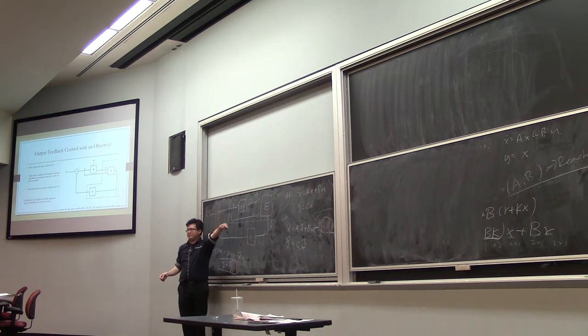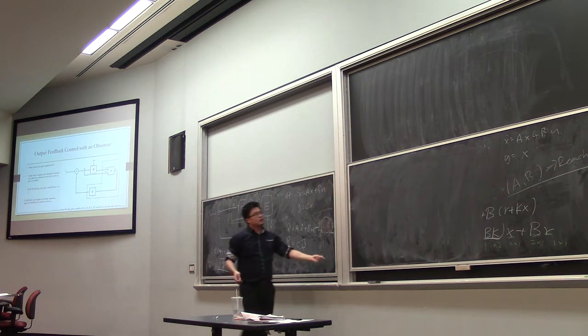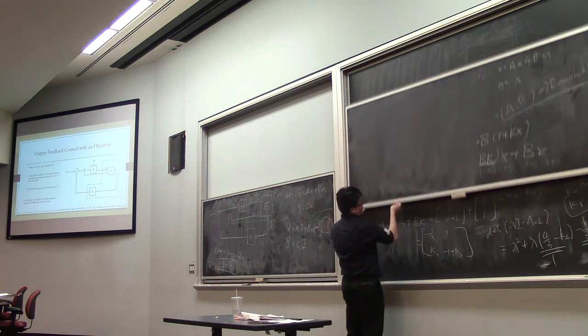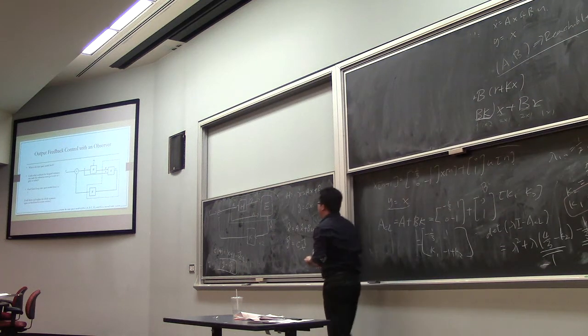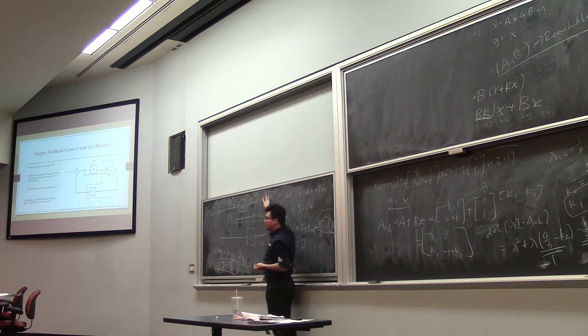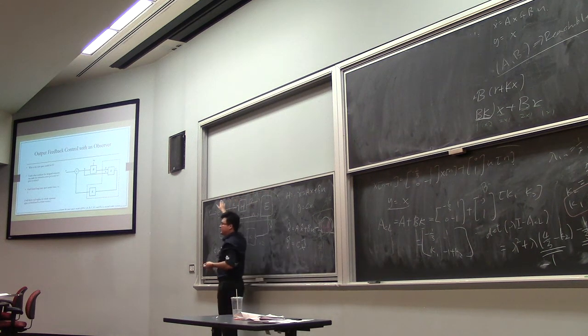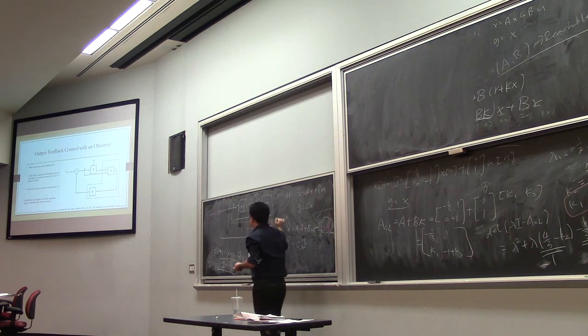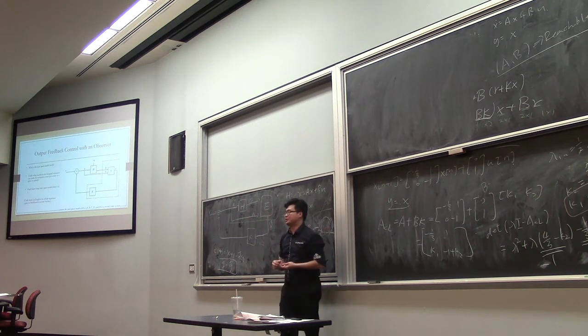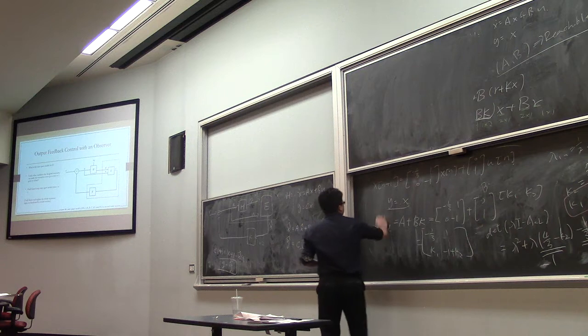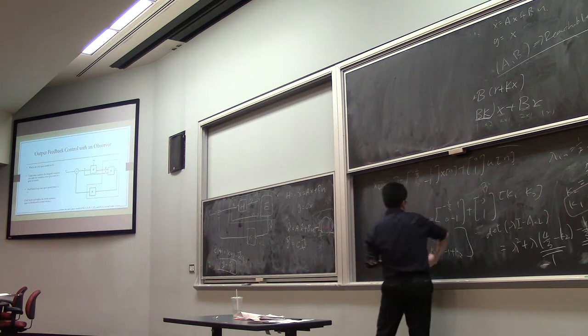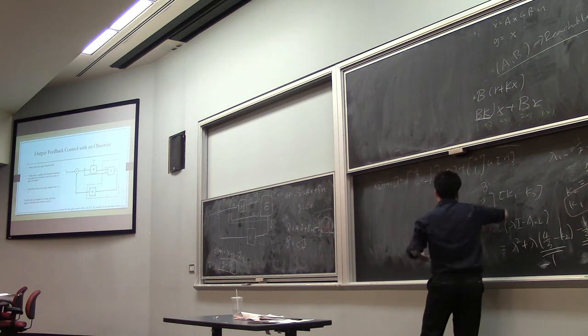Then we are back to state feedback control. If you already built a nice estimator, then you assume the whole system here is your system, and you are back to state feedback control. So find the state feedback control closed loop for this one.